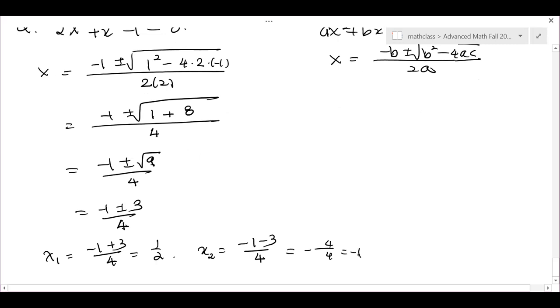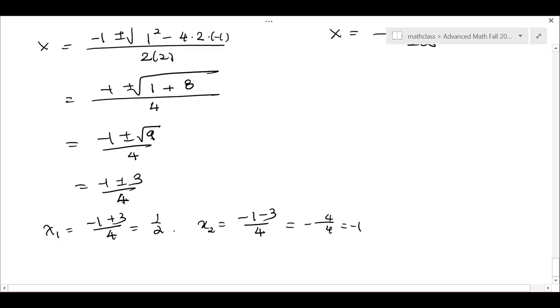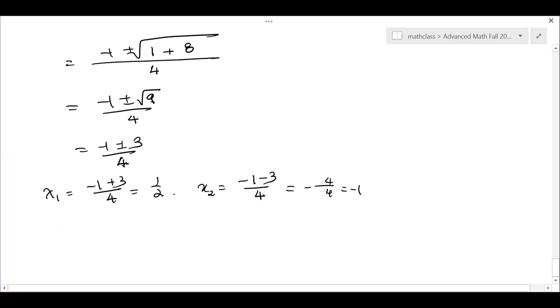So there are two solutions, 1/2 and negative 1. So that's how you apply the quadratic formula to solve the problem. You don't need to repeat the ideas of how we got the quadratic formula. You can just use the formula.